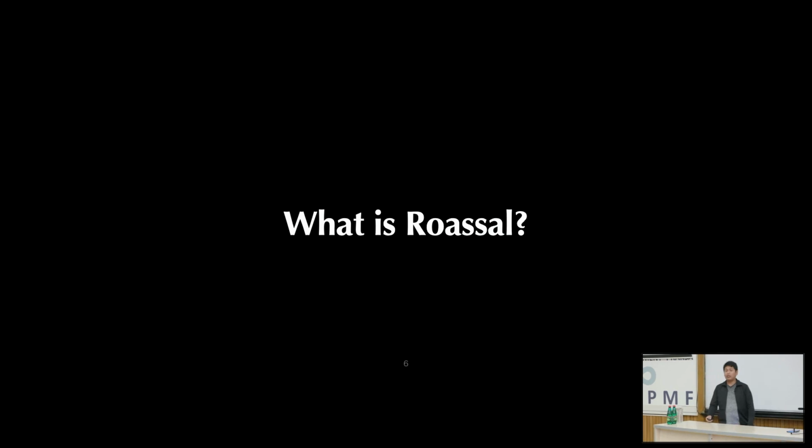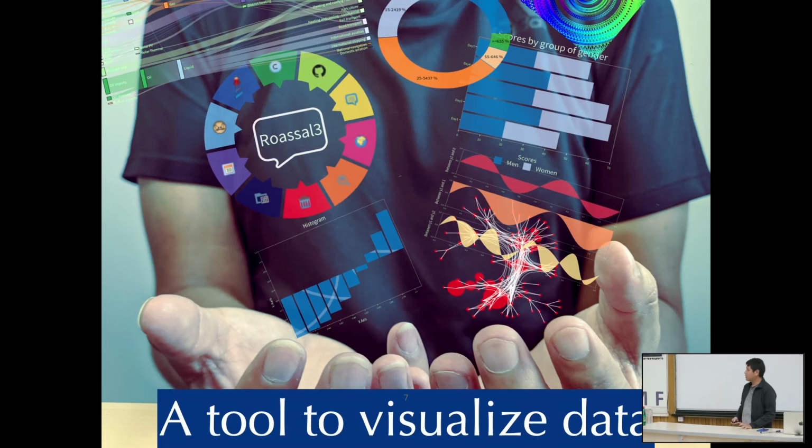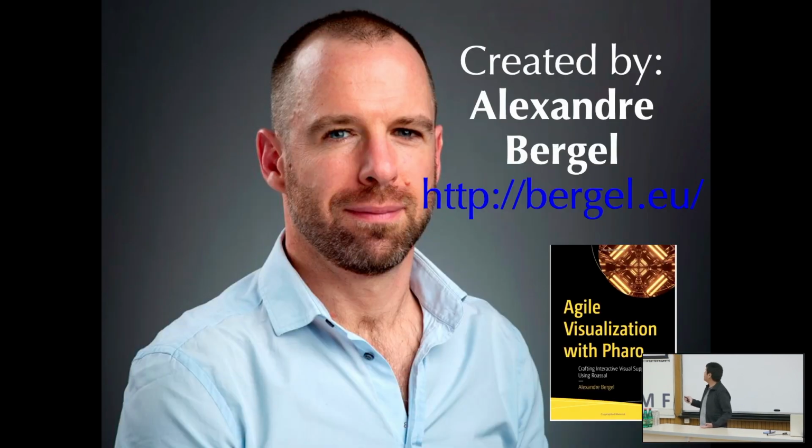Okay, so what is Roassal? A simple way to say it: it is a tool to visualize data. In the beginning, it was used to visualize software systems. It was designed by Alex Bergel. He created a profiler, and he needed a simple tool to visualize his data, his results.